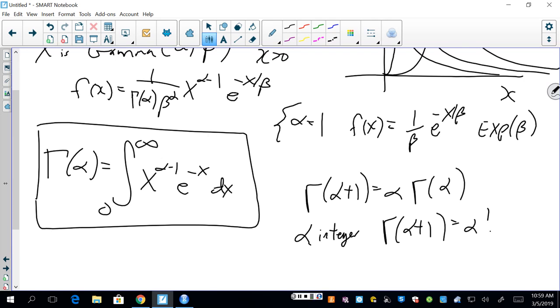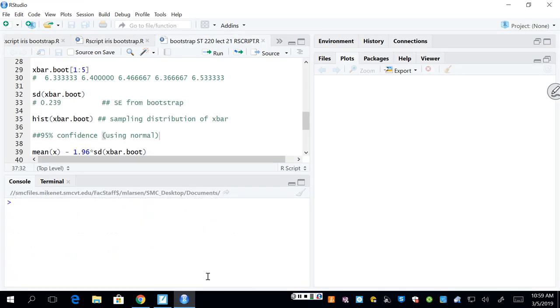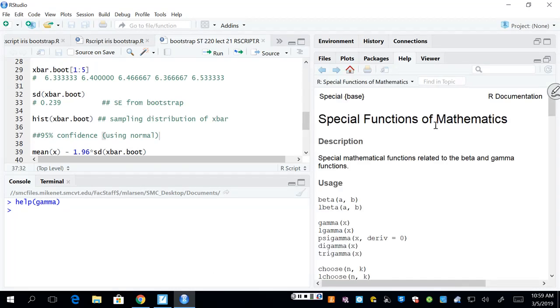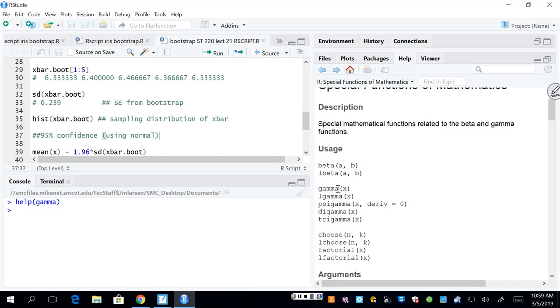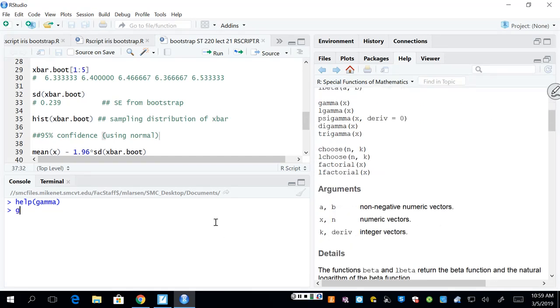Let's see if this RStudio has started yet. So in RStudio, there's help of gamma. There's special functions of mathematics. There's something called a beta function. Here's the gamma function. Gamma of x, so gamma of 6 is 120. Factorial is another function. Factorial of 5 is 120.